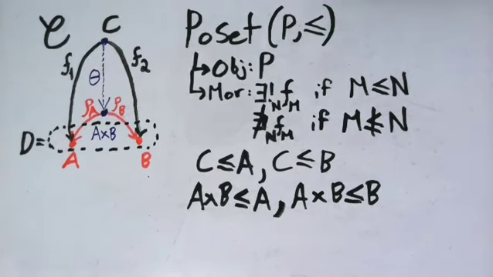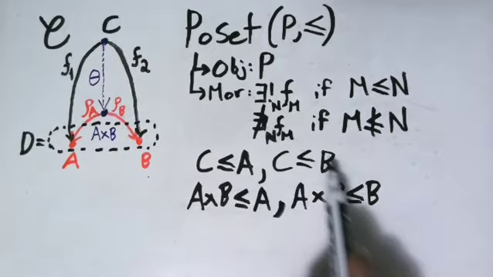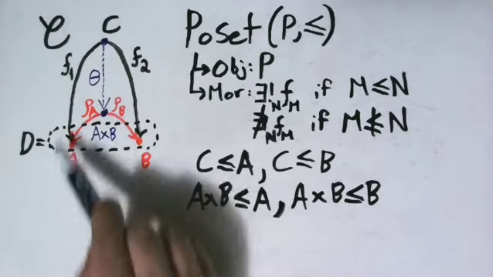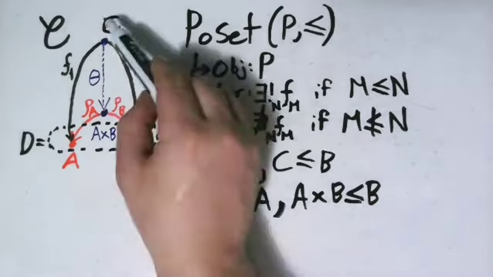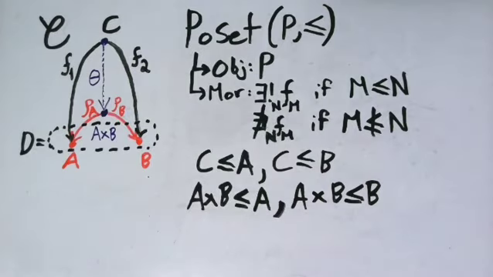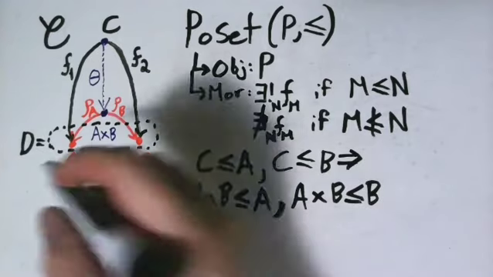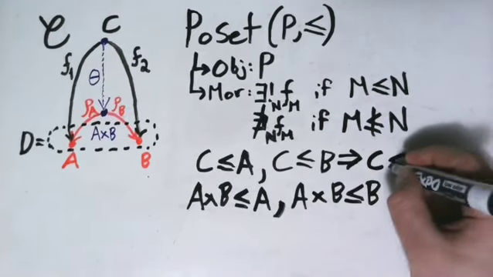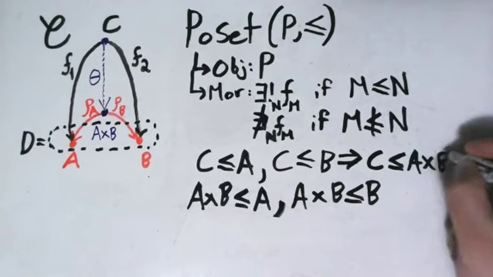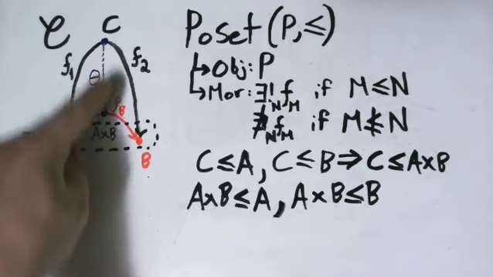And so effectively what that means is that if we have some cone like this, where C is less than or equal to A and C is less than or equal to B, then it must be the case that C is less than or equal to A cross B, right? Because we have a unique morphism.